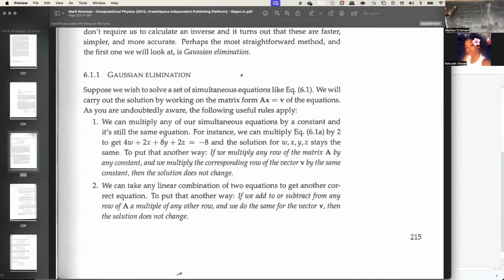So this one here, if I multiply by 2, I have to multiply each term by 2, right? And the solution is the same. You multiply it on both sides. You also know that you can take any linear combinations. So I can add this one to this one or subtract this one from this one, right? And that's okay too.